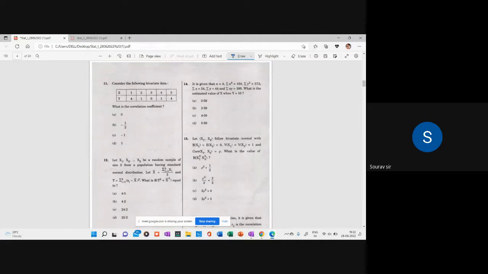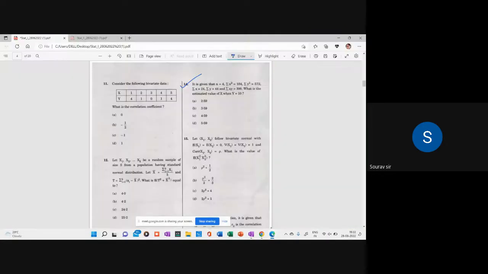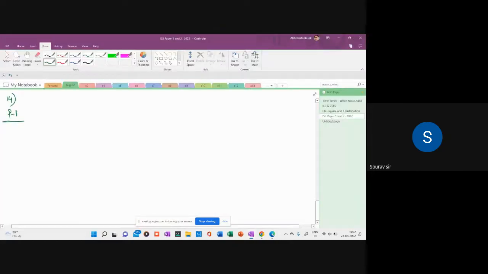Okay, let's go for question number 14, paper 1. So it gives n equals 4, summation x square, summation y square. So let me write n equals 4, summation x square, summation y square.